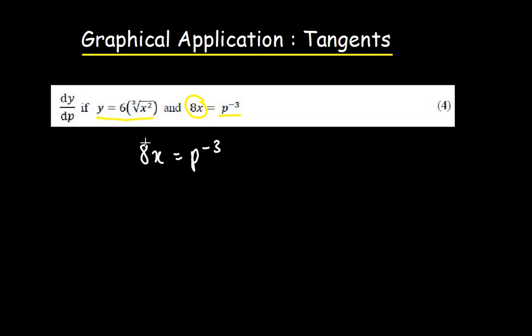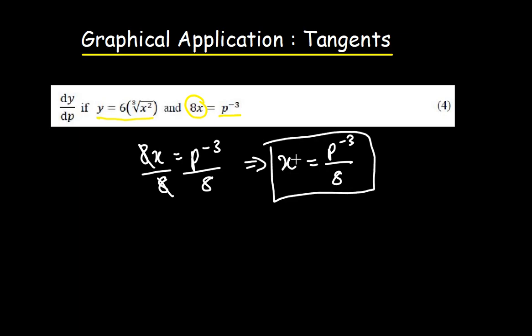If I make x the subject of the formula, I divide by 8 both sides. This 8 will cancel that 8. It means our x will be equal to p to the power negative 3 all over 8.